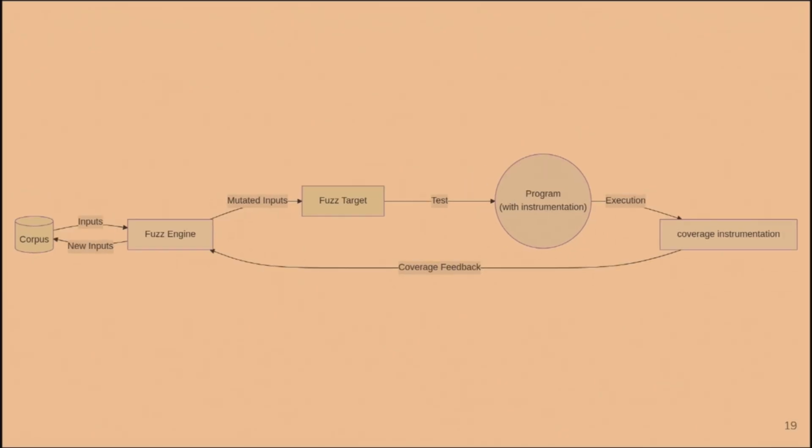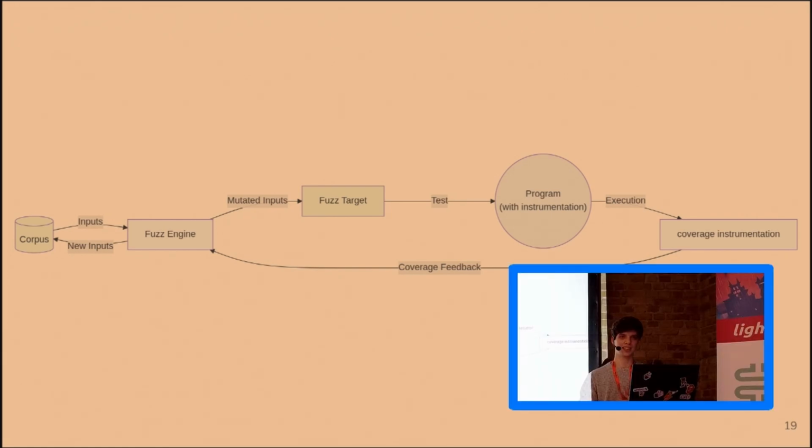By giving coverage feedback back to the fuzz engine, we know if the input could reach a new path of code, and if it reached a new path of code, we save it because it's an important input that can give more feedback in the program. So we basically track every path of the code we executed.